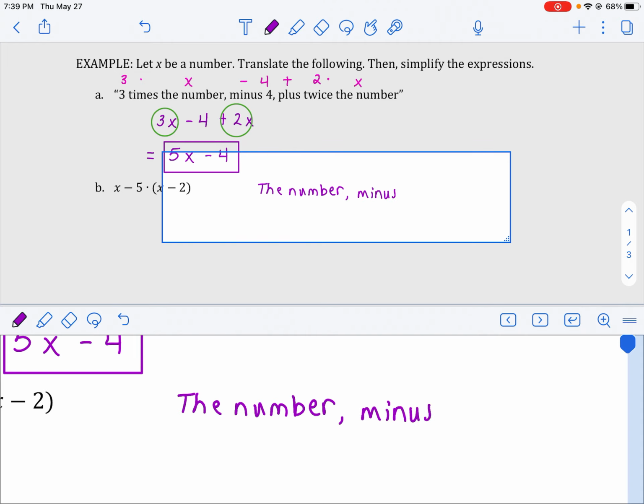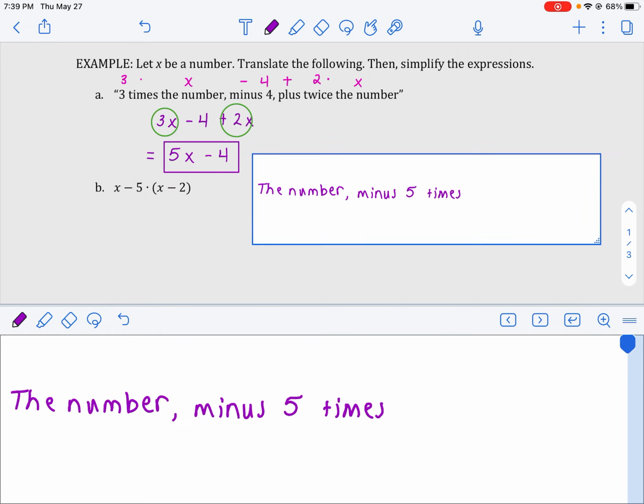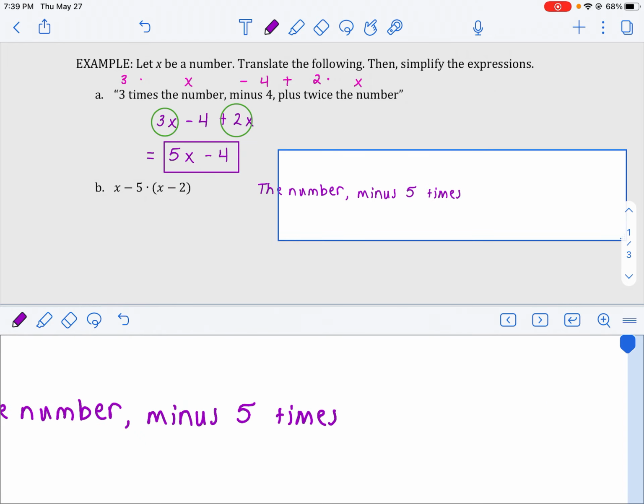minus 5 times, and I want to imply that there's going to be a quantity or parentheses, so I'm going to use the words the difference of, because not only does that mean subtraction, it's going to imply that it was a quantity grouped together.